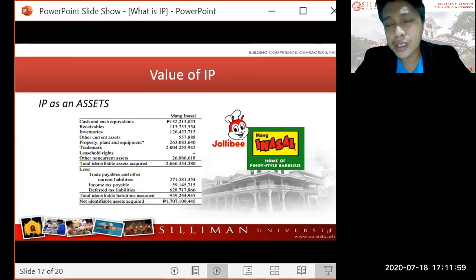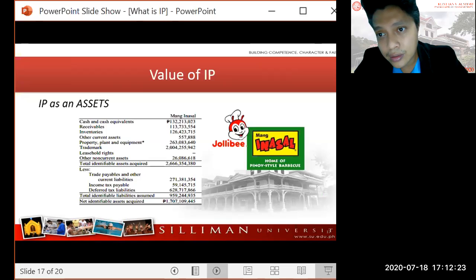Here is a good example of IPs as an asset. I know you have heard of Jollibee buying out Mang Inasal, but what was the worth of Mang Inasal back then? You can see their trademark is around 2 trillion worth.